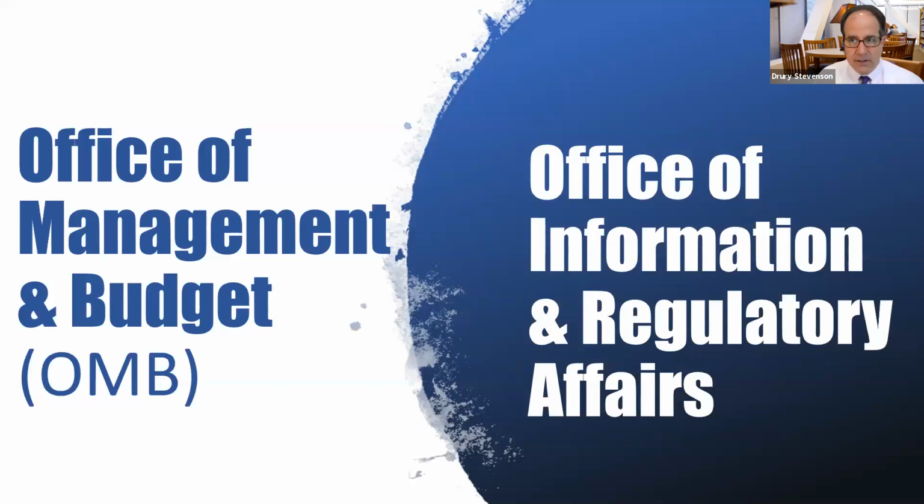And so a lot of the president's policy initiatives and implementation throughout the federal bureaucracy are going to get channeled through the OMB. Now I have on this slide the other half, the Office of Information and Regulatory Affairs. This is an office within the OMB that specifically handles the cost-benefit analyses from the agencies for their proposed regulations.